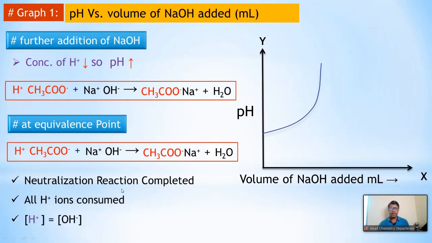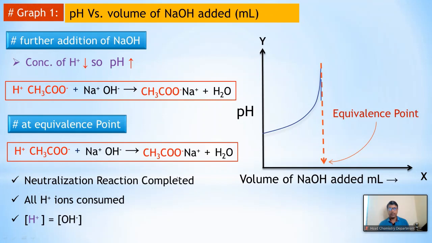Here at the equivalence point or neutralization point, the H plus ion concentration is equal to the concentration of OH minus ions. As a result, here you will find the inflection in the pH value, a sudden increase in pH value, that results in this point. So this is the sudden increase in pH value. This is called the equivalence point.